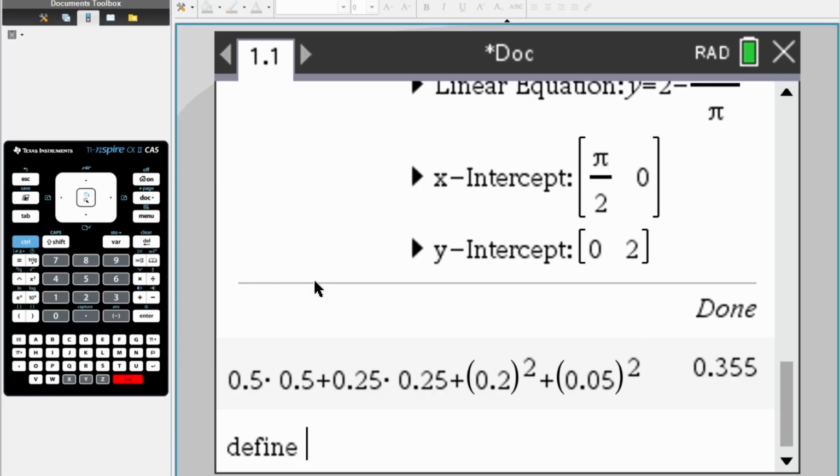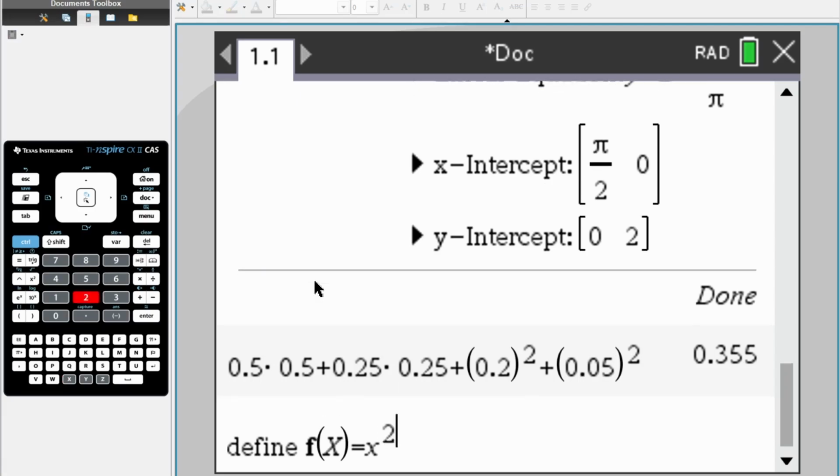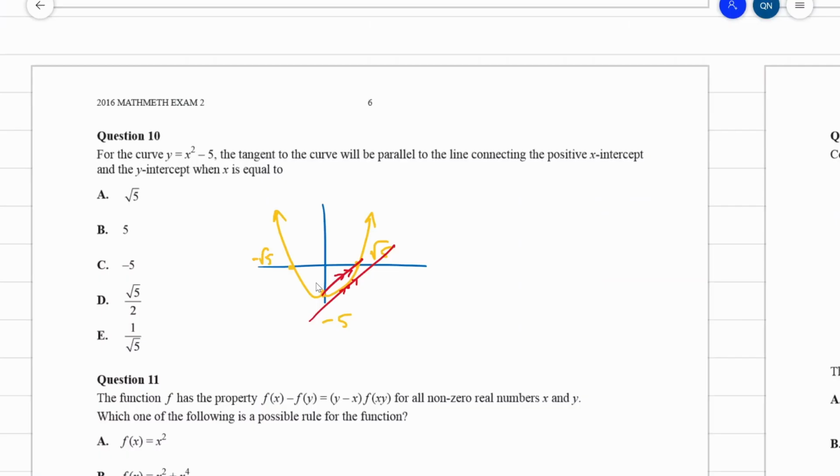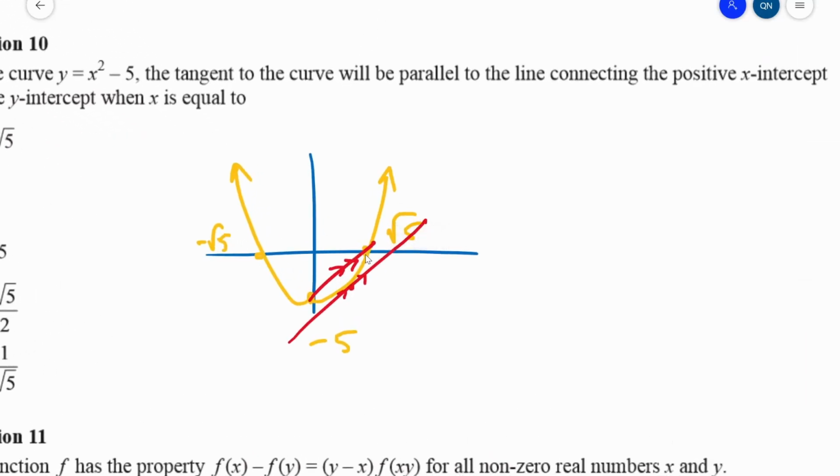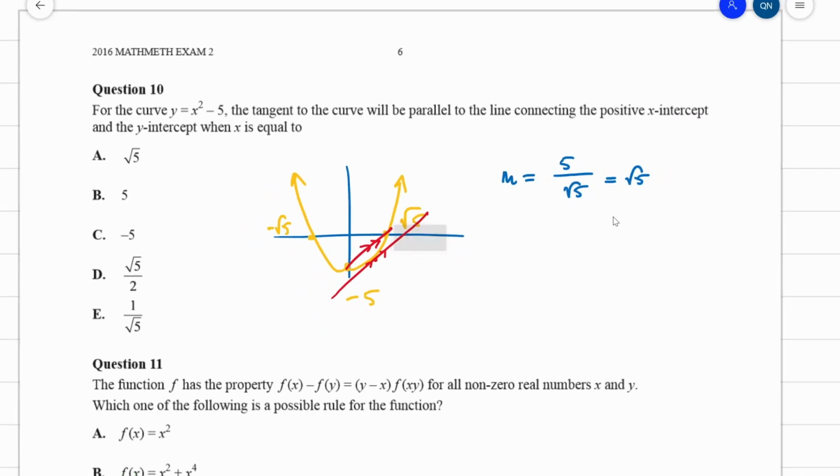I'll define f of x to be equal to x squared minus 5. We can find that gradient quite easily. If you just take a look at this, rise over run. Rise is precisely 5, run is precisely root 5. So that's going to be equal to square root of 5. Okay, so we want to find where on this graph f the gradient is equal to root 5.